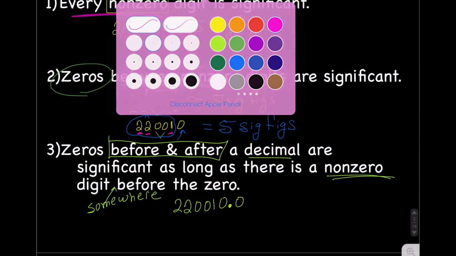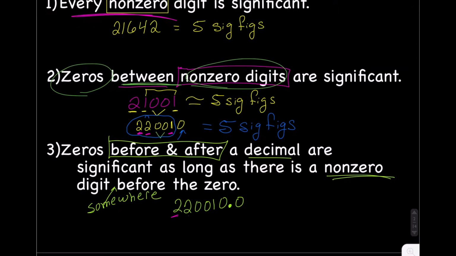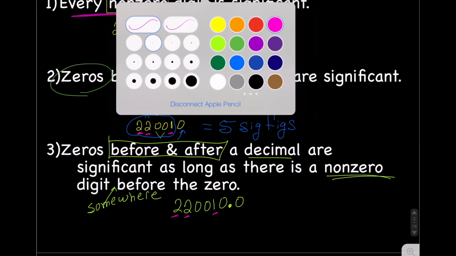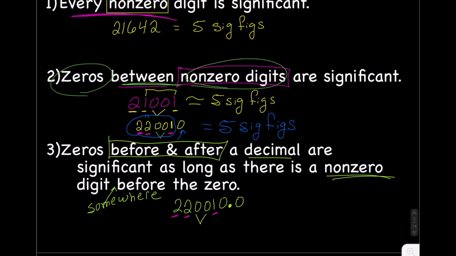So now, again, the 2, and the 1 are significant because they are non-zero digits. These 2 zeros are significant because they are between 2 non-zero digits.